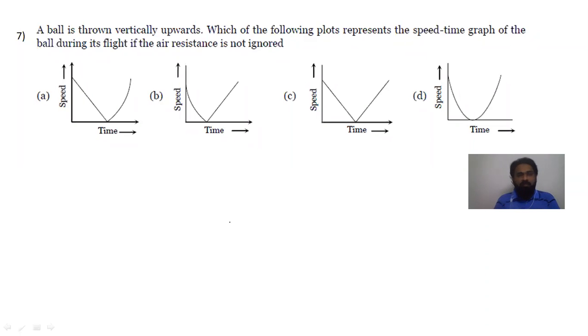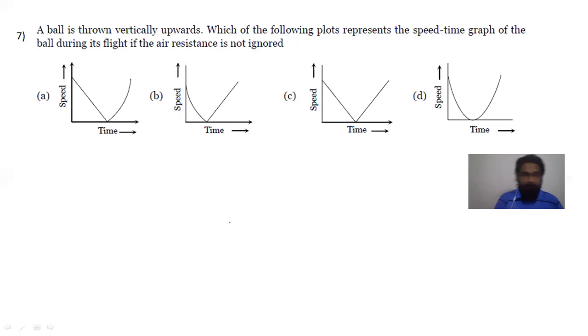Simply we just need to understand, when a ball is thrown upwards, which will be the proper graph. So now we came to the velocity time graph or speed time graph. Till now we were discussing only the displacement time graph. Now we have started with the speed time graph.